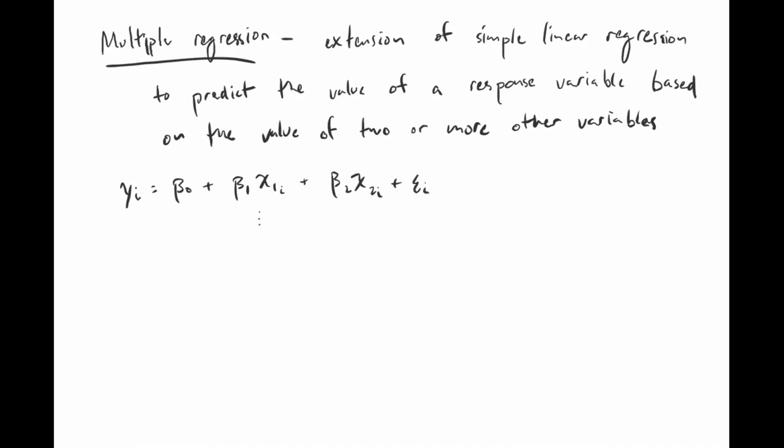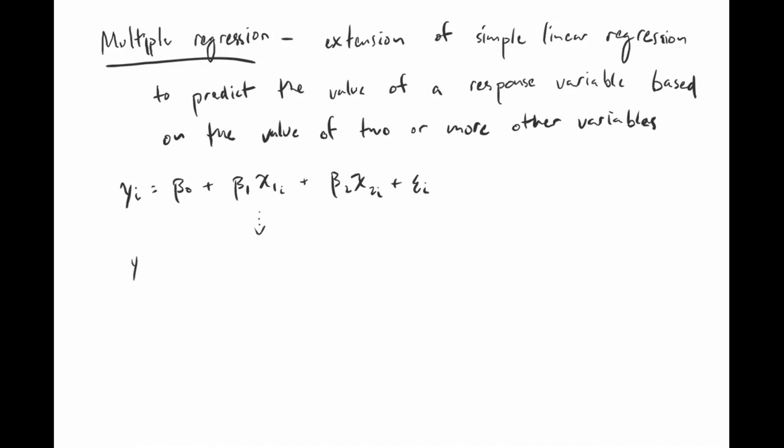The extension from simple linear regression with one explanatory variable into multiple linear regression with 2 can be expanded to an arbitrary number of variables.